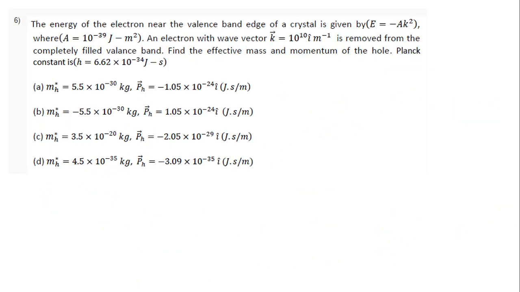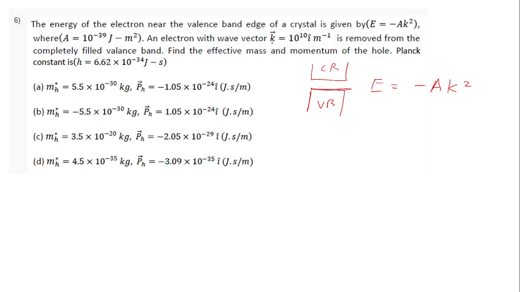Okay, next question, question number 6. The energy of electron near the valence band edge of crystal. So this is the valence band. If let's say this is the conduction band, then at the valence band edge, energy of electron is given by minus AK square, where A is some constant whose value is given.